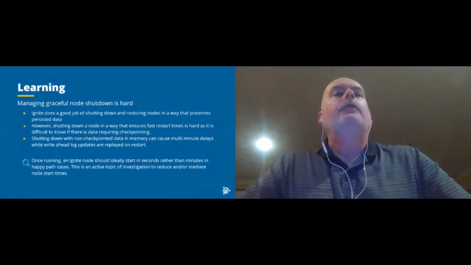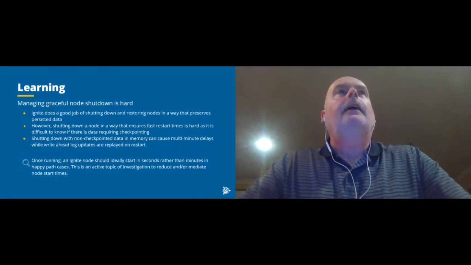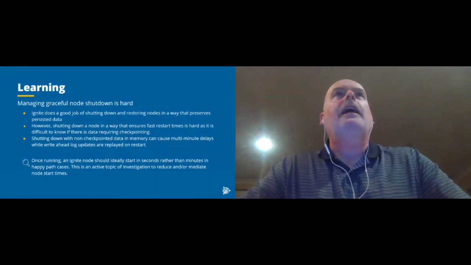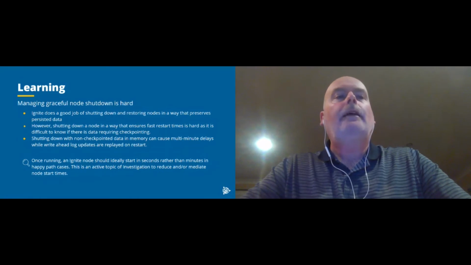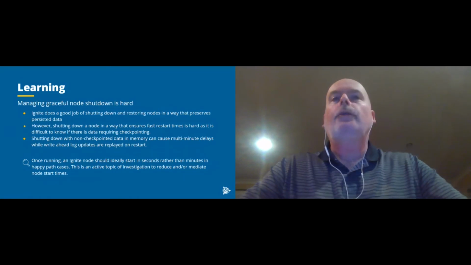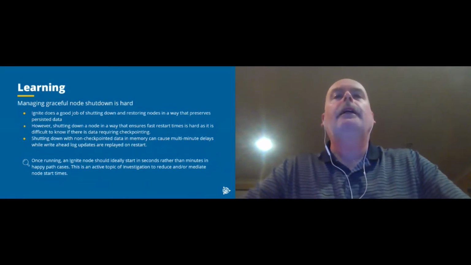We've had a couple of difficulties with graceful node shutdown. That's not to say it's hard to gracefully shut a node down, but it's a little difficult to gracefully shut a node down in a way where you can ensure the node is clean. And what I mean by clean is that it has no data pending checkpointing.